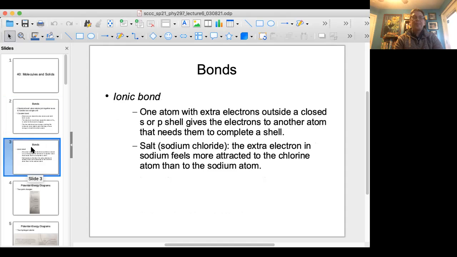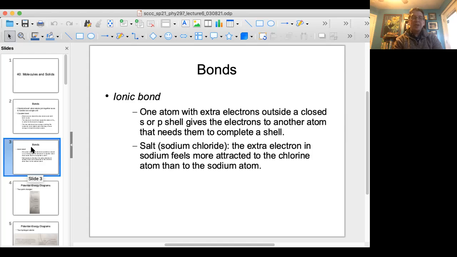The other type of bond is the ionic bond, where one atom with extra electrons outside a closed S or P shell gives an electron or maybe several electrons to another atom that needs them to complete a shell. So the most obvious example of an ionic bond is sodium chloride or table salt.